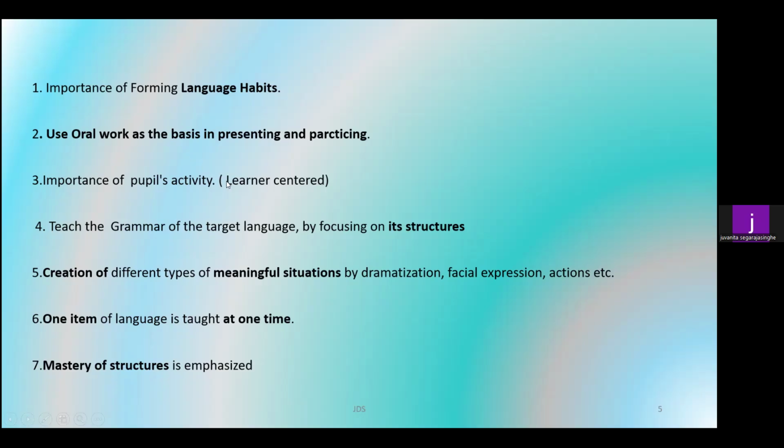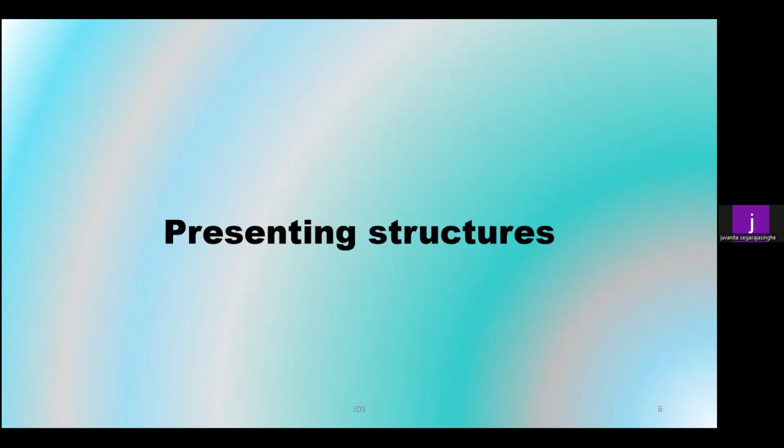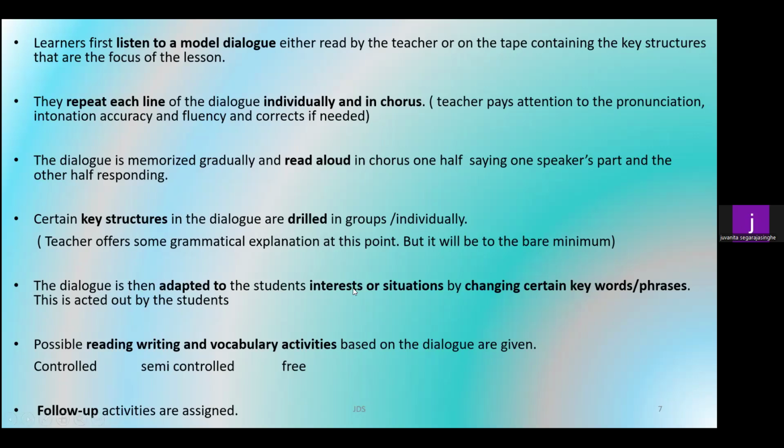Today, I'm repeating it since in the next subtopics we need this knowledge to develop the process of presenting structures, the procedure involved. When you're reading it, try to relate whatever is given over here to the principles. You should be able to relate it to a particular principle.